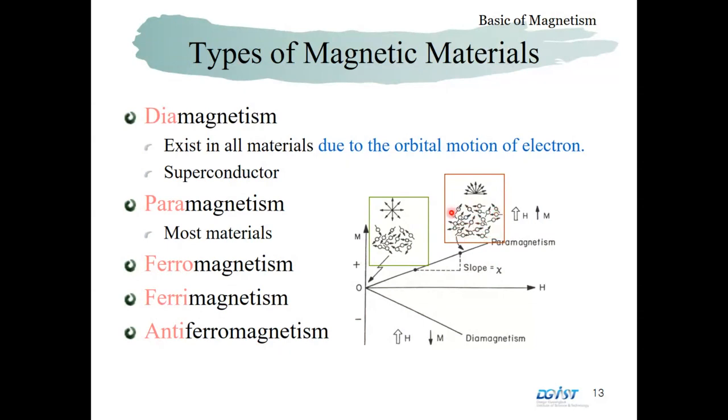In zero field, the average of the spin direction is zero. They are perfectly isotropic. But if you apply a certain amount of magnetic field, the spins start to align to the field direction in a small portion.